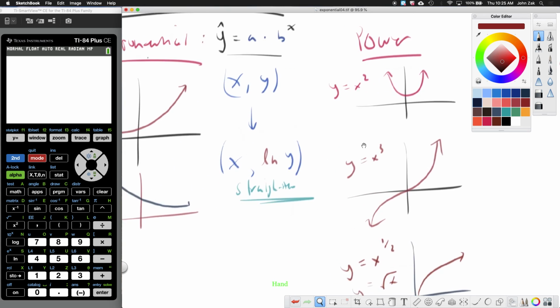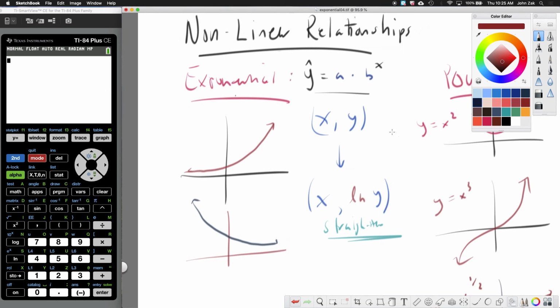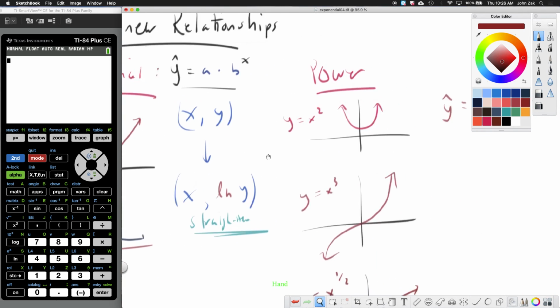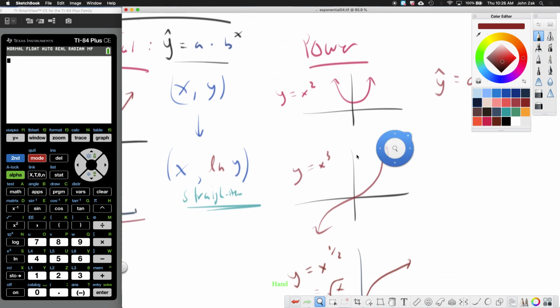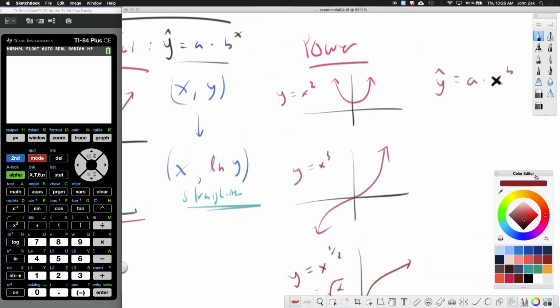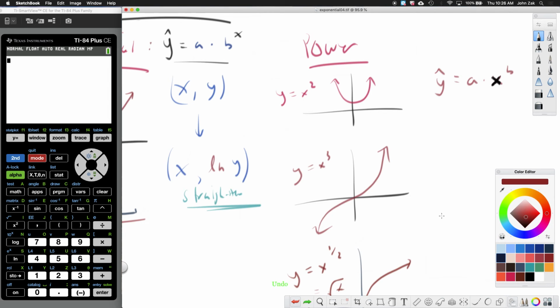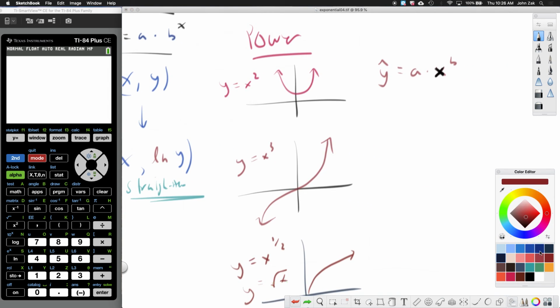So sometimes we'll find that exponential models are the perfect way to model data, and sometimes we'll find that power models are. Now, what kind of transformation will give us a power model? It's something similar to what we saw with exponentials, right? It's going to involve a logarithmic transformation. So again, if we started with our data set, which was some x coordinate and some y coordinate, we're going to transform it, but this time we're going to do something to both the x and the y.